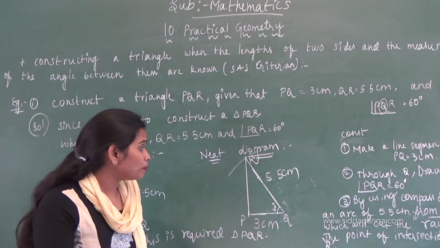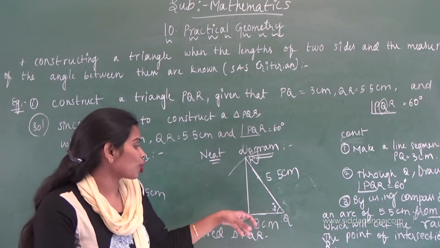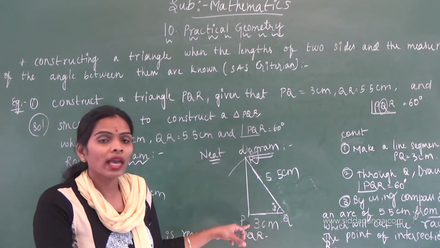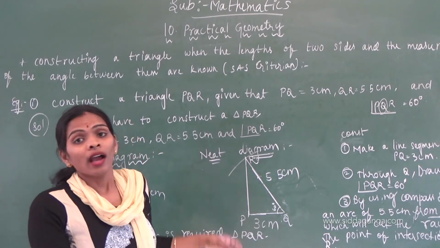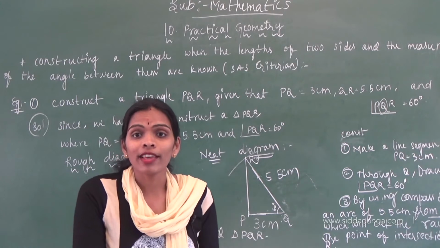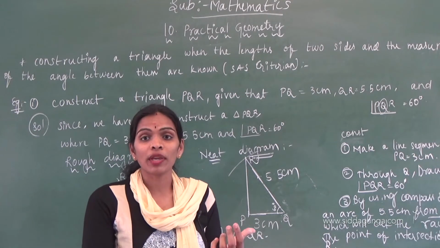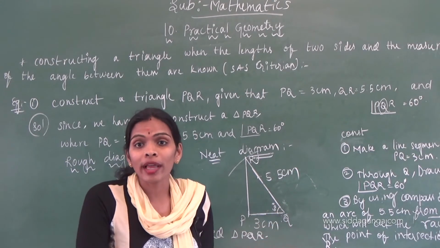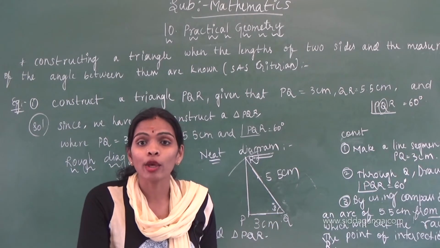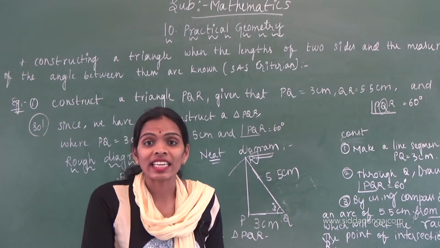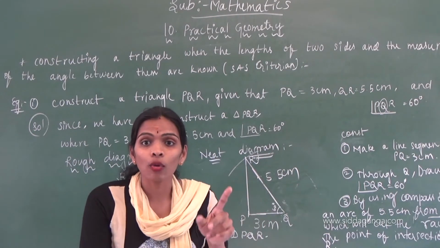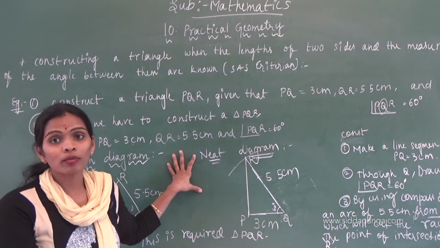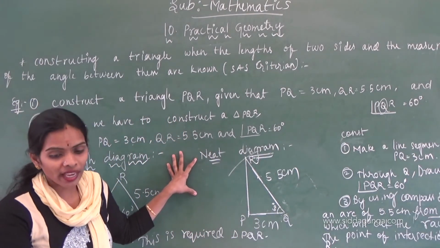Then I am joining Q, R, P, okay, and then I am getting the required triangle with PQ equals 3 centimeters, QR equals 5.5 centimeters, and the included angle between PQ and QR as 60 degrees. That is angle PQR equals 60 degrees. This is the example problem children. Now I am going into the exercise.